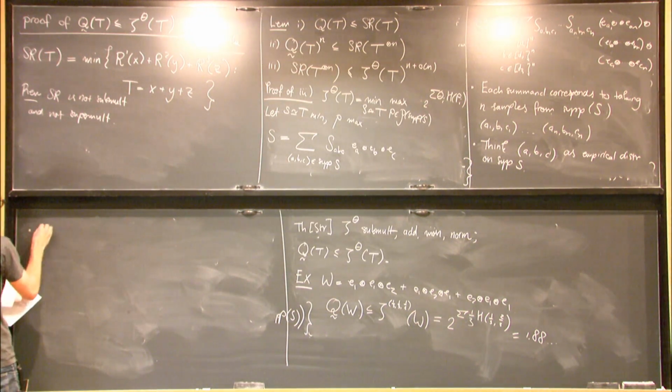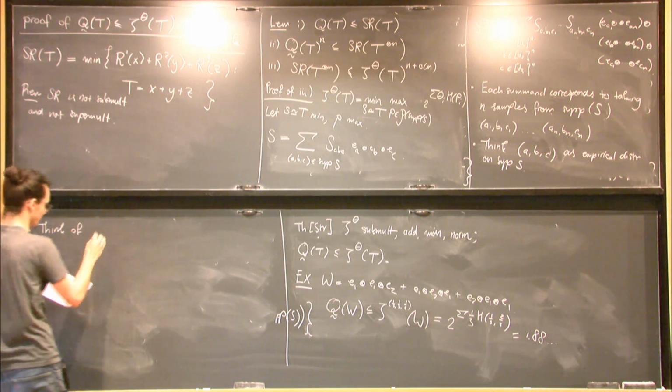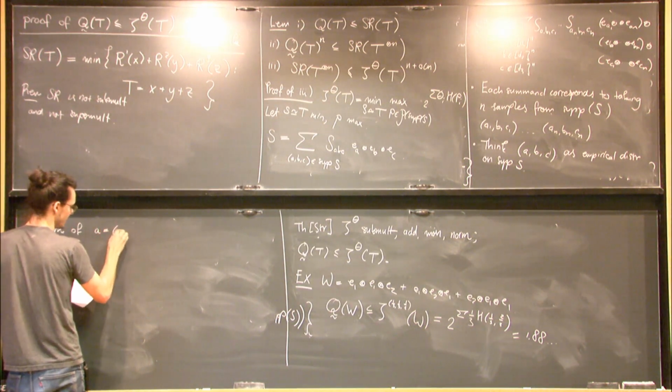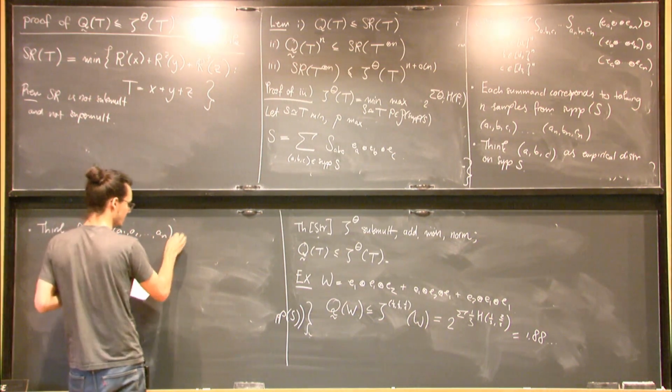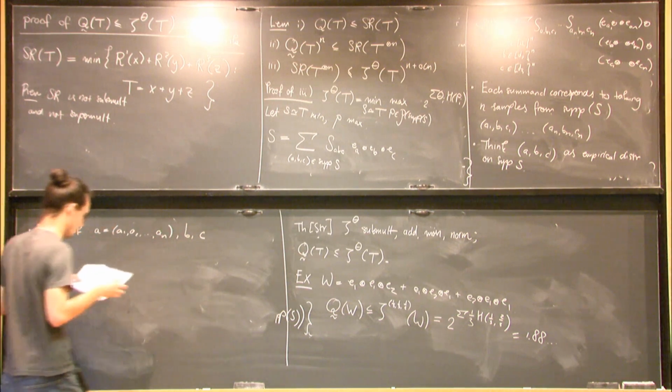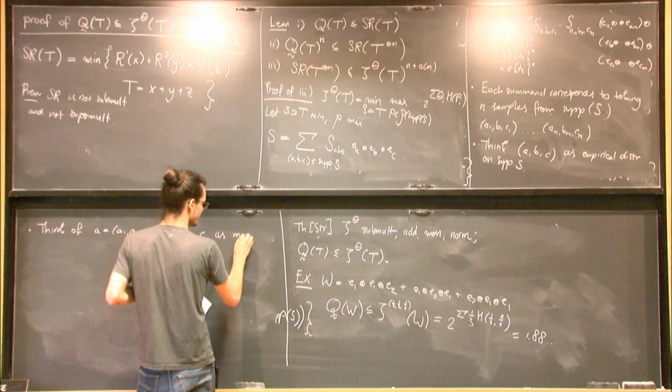So I want to think of A, which is A1, A2 to An, and also the other guys, B and C, as marginal distributions.